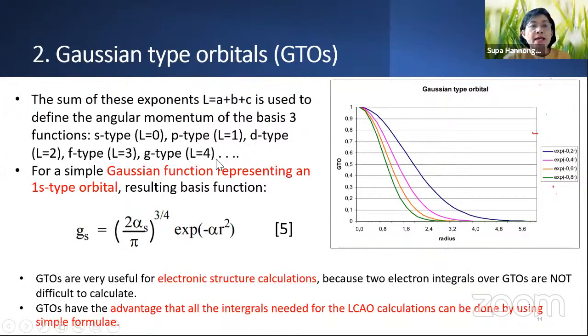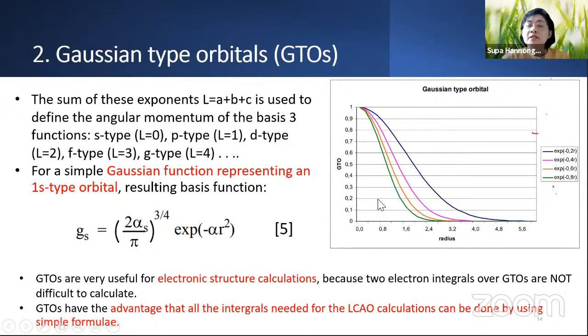And the simple Gaussian function, which represents the 1s type orbital, results in the basis function shown in equation 5. Quite similar to equation 4, but the Gaussian function equals the normalization factor multiplied with the exponential of minus alpha r squared. R squared is very important.